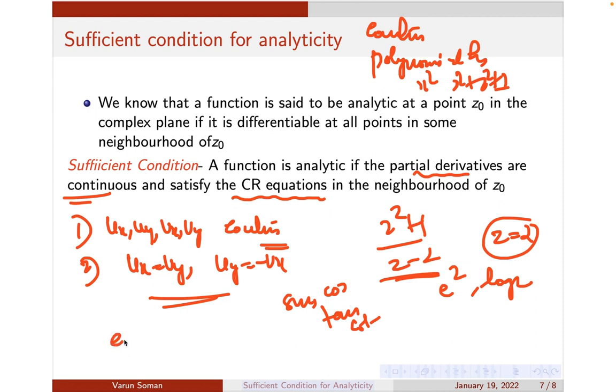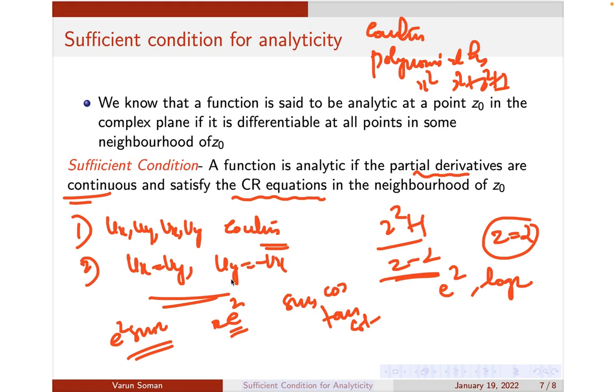For example, e raised to z into sin z, and z into e raised to z are continuous. Usually you will only get these types of problems: polynomials, rational functions, trigonometric functions, exponential functions, and their combinations. Only these will be there for your examination. So all of them will be continuous, and you will have to check where the function is not defined.